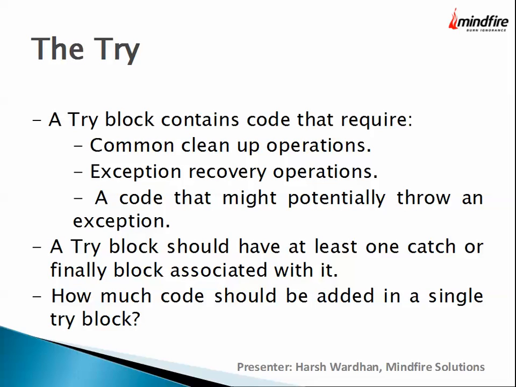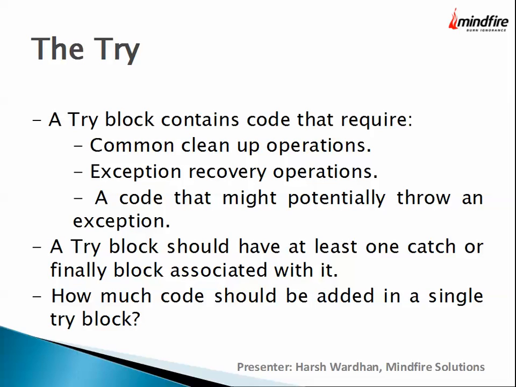Then we put the code that requires exception recovery operations. Suppose you are putting a certain kind of code here, and you are aware that at some point this will face a certain kind of exception, and you know how to recover from that exception.